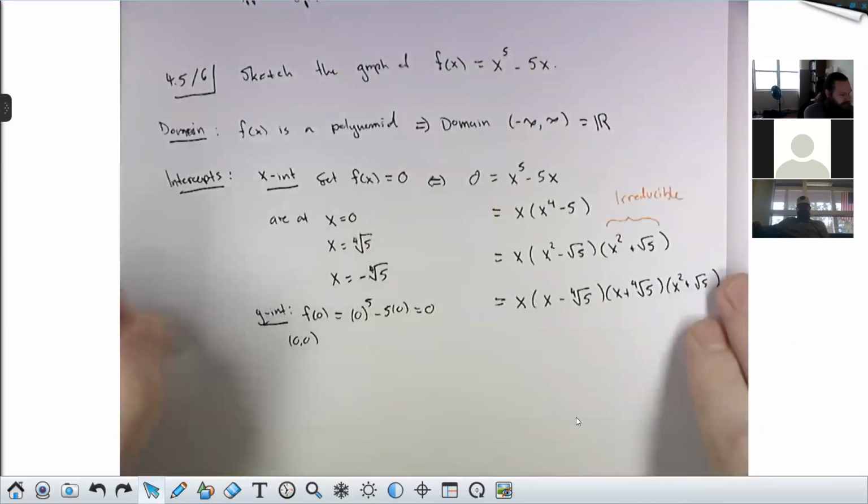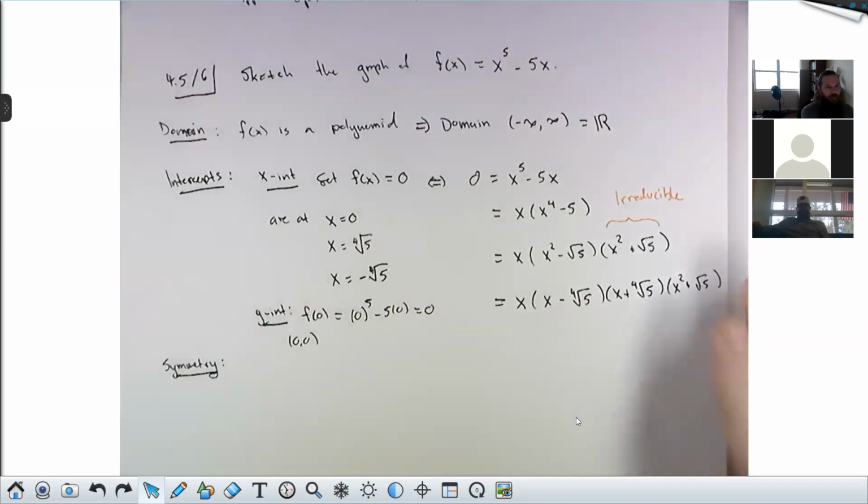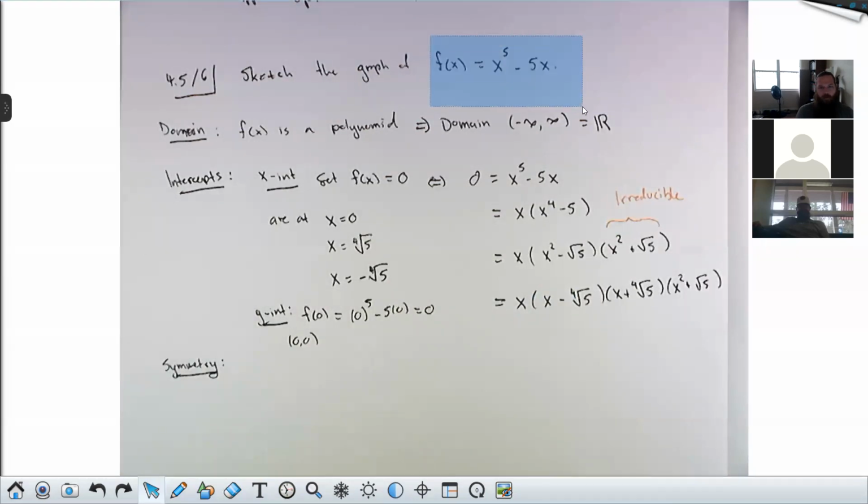Symmetries. Here, f of x, I can tell you right now, is an odd function. This function is going to have origin symmetry. And the cheat code for that, if you're looking at a polynomial, which this is, is that all the powers of x are odd, and that includes the constant term. The constant term has to be 0, because technically that's x to the 0, which is an even power of x.